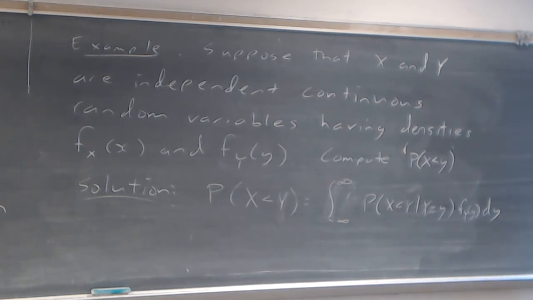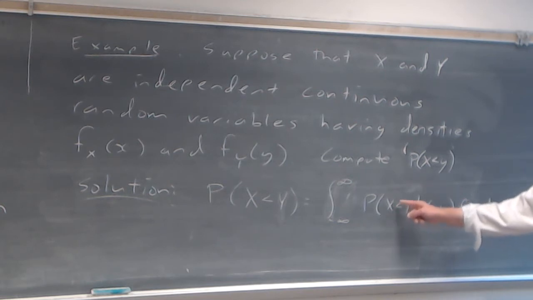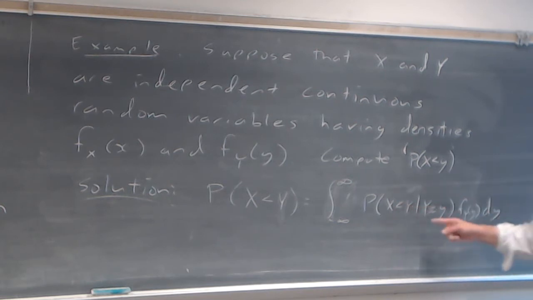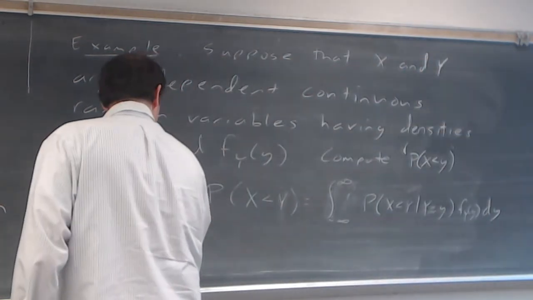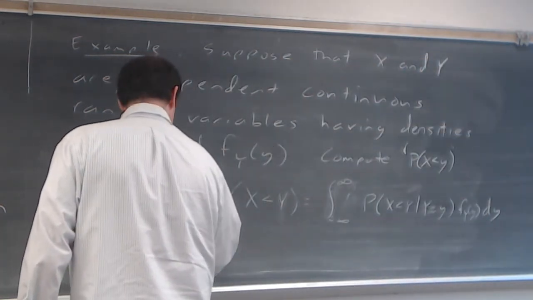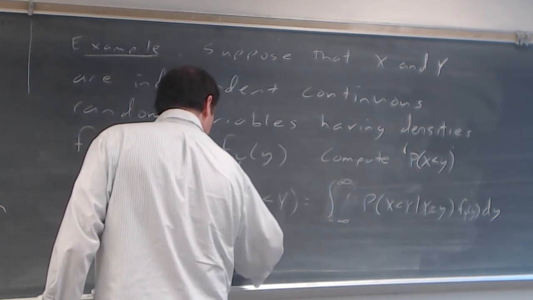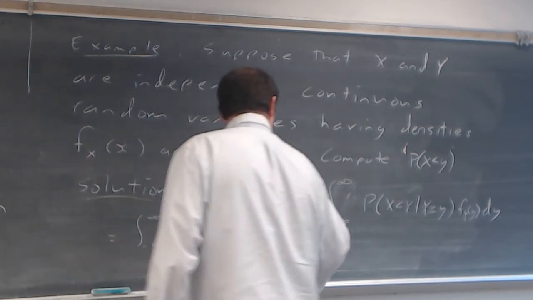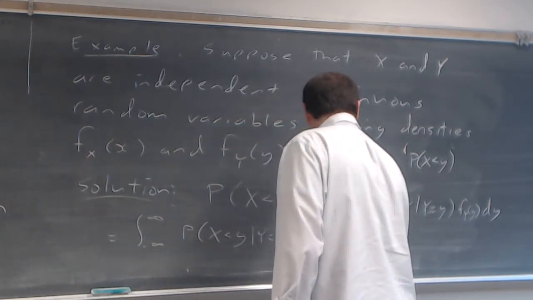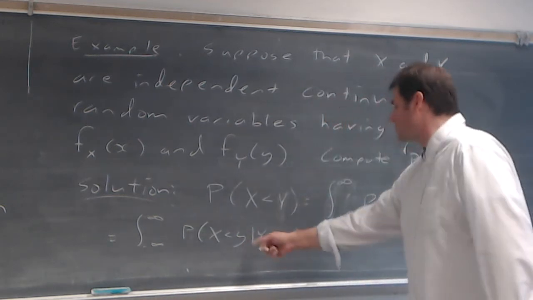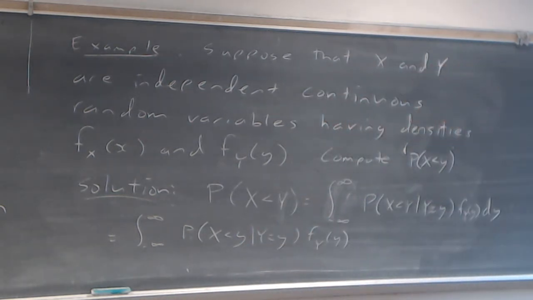All right. Here, what we can do, because we're given that Y is equal to y, and we want big X to be less than the random variable Y, that means that we want the integral from minus infinity to infinity of the probability that big X is less than y, given Y is equal to y, f sub Y of y, and that relinquishes the dependence between X being less than big Y now at this stage.